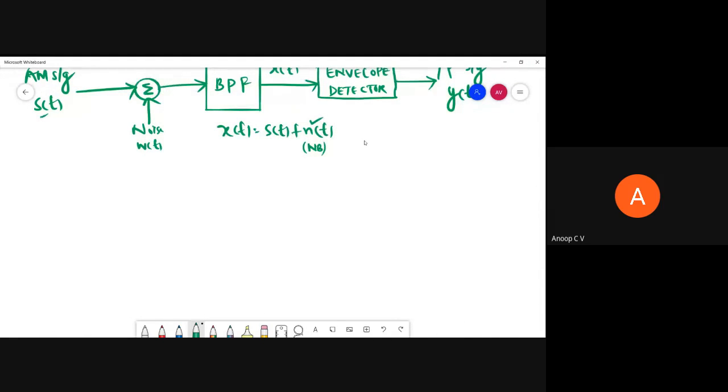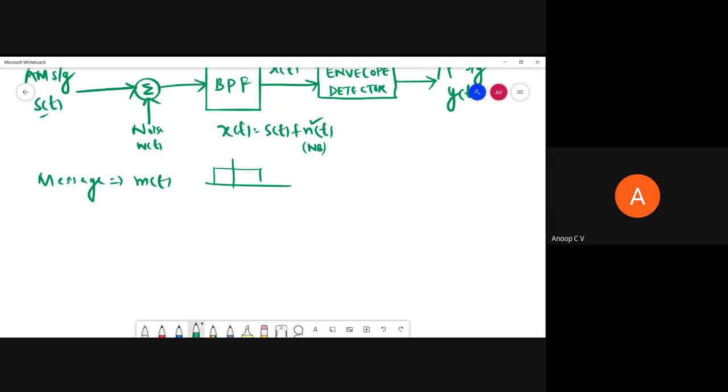Before that, for our s(t), we'll assume the message is m(t), and it has a spectrum like this.